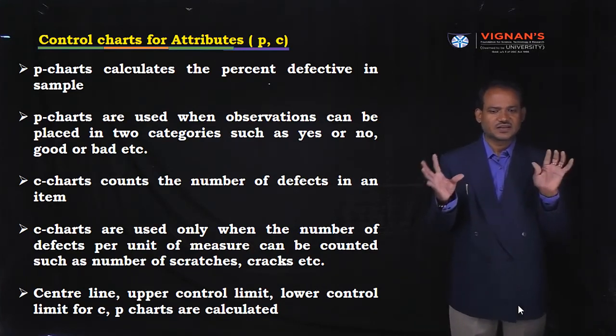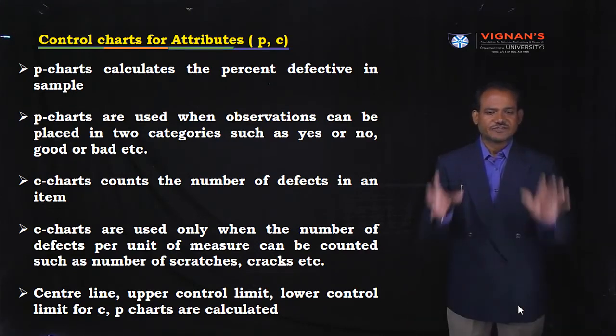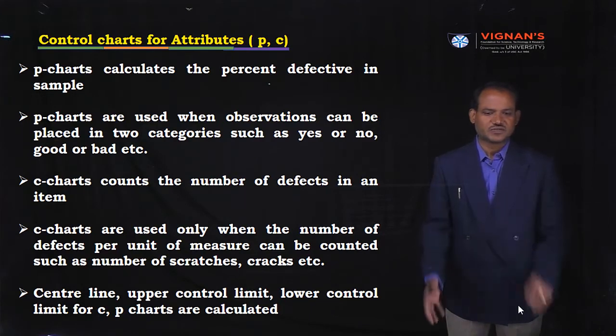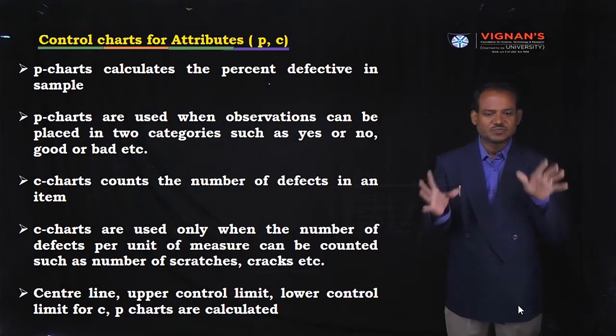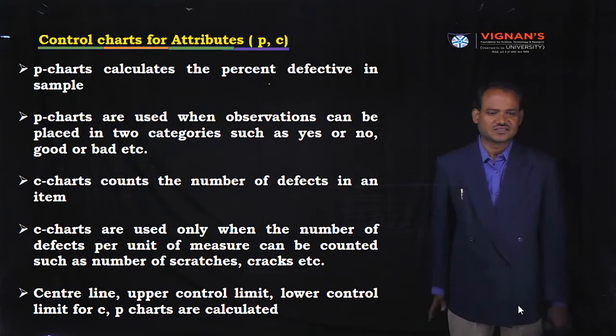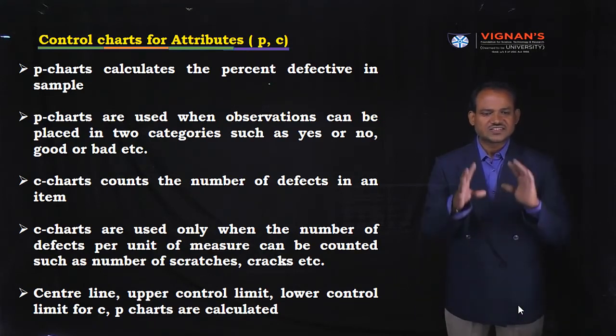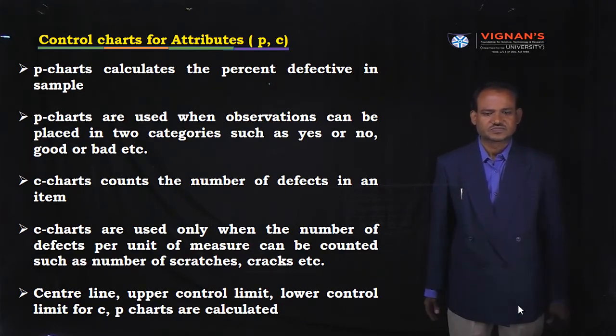Similarly, the number of defects found in welding joints, in the same welding joint, only one piece. For example, on a glass mirror, you can observe so many scratches. Then each scratch is treated as one defect, like this.